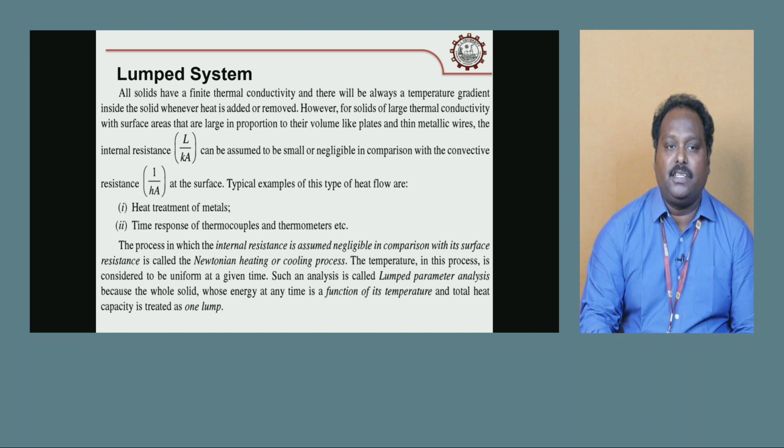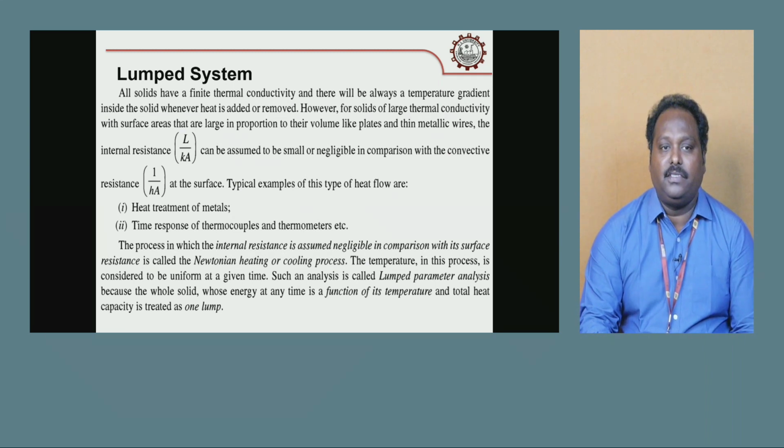The internal resistance, L by Ka, can be assumed to be small or negligible in comparison with the convective resistance, 1 by Ha. You know very well, internal resistance of a body is indicated by L by Ka, and the convective resistance at the surface is indicated by 1 by Ha.